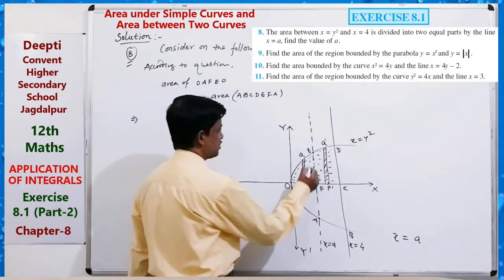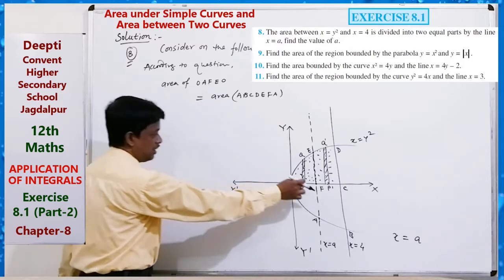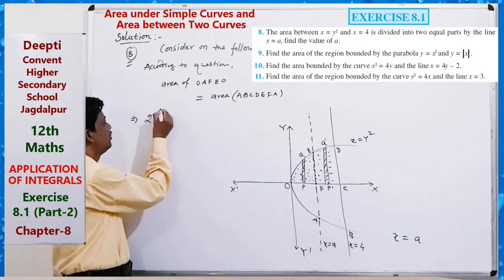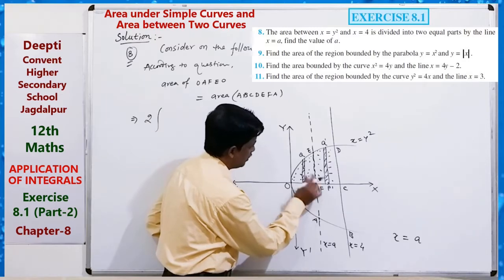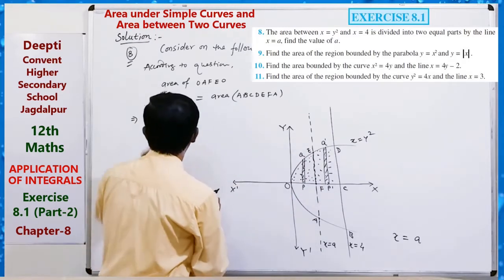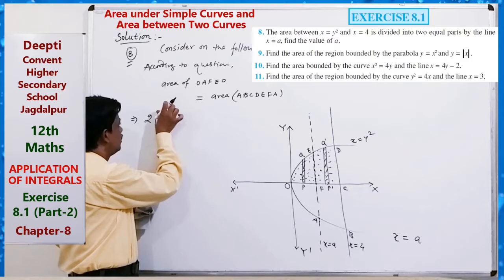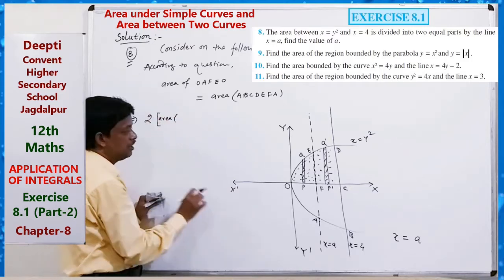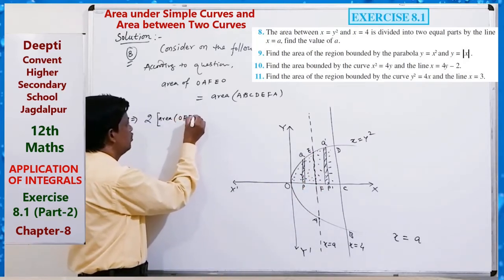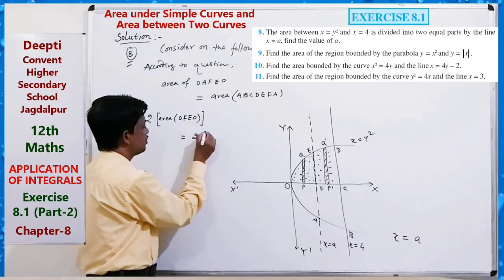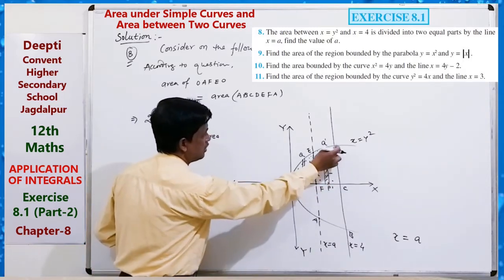Clear? So the area of this part is 2 times the area OFEO, equals 2 times the area FCDE.